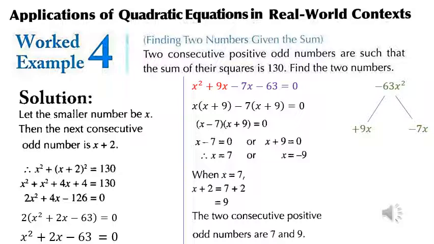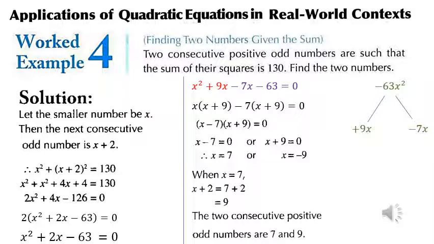Take 0 on one side of the equation. When we solve equations by factorization, there should be 0 on one side of the equation. Then we have 2x square plus 4x minus 126 is equal to 0. Check for a common factor in all the terms before factorization. 2 is common in all the terms, so take 2 as common.